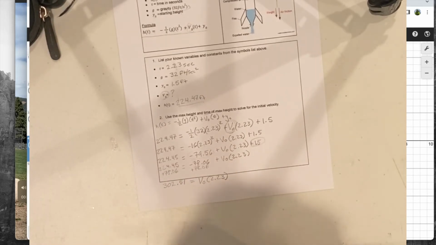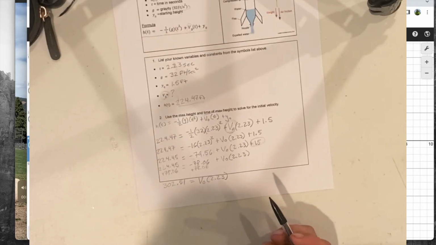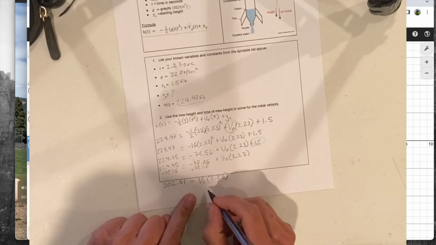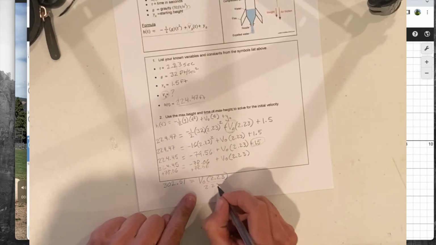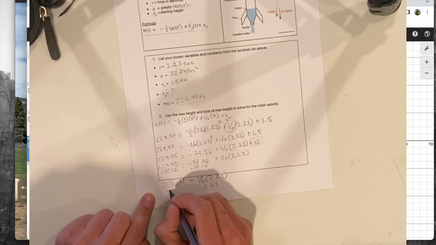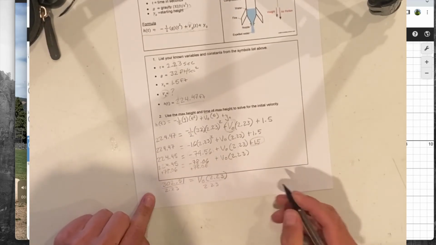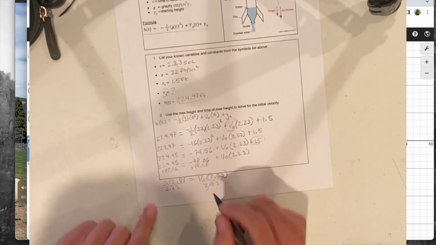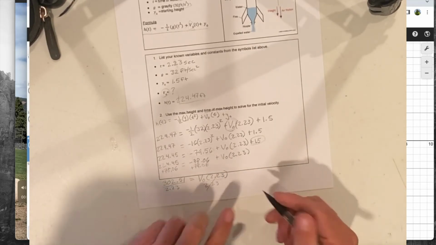So my last step to get v naught by itself is dividing by 2.23. I'm going to divide by 2.23 on this side. Those cancel out on that side, and then I'm left with v naught.